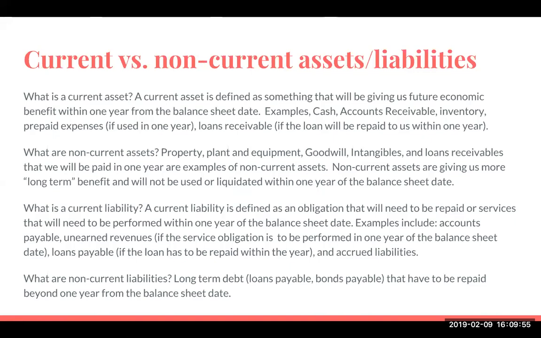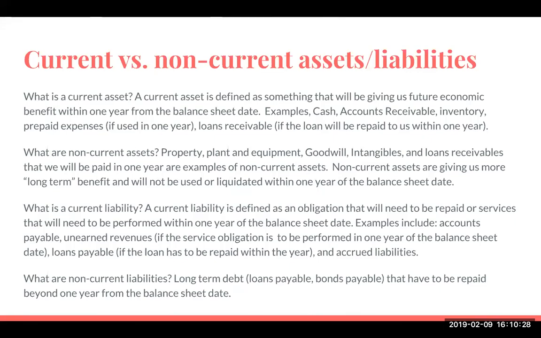So what is the difference between a current versus a non-current asset and a current versus a non-current liability? What is an asset? An asset, again, is giving us future economic benefit. And the key for current is that I'm going to use it within 1 year of the balance sheet date. So examples of current assets would be cash, accounts receivable, inventory, prepaid expenses if I'm going to be using them in a year, and loans receivable if I'm going to be paid back within a year.